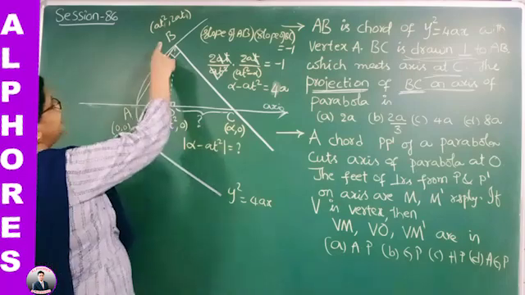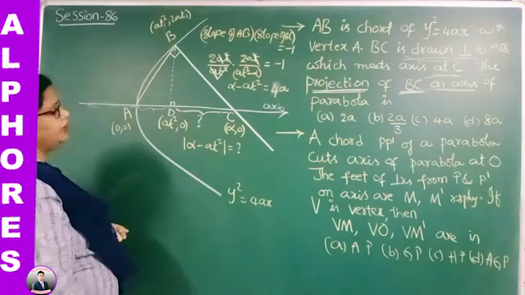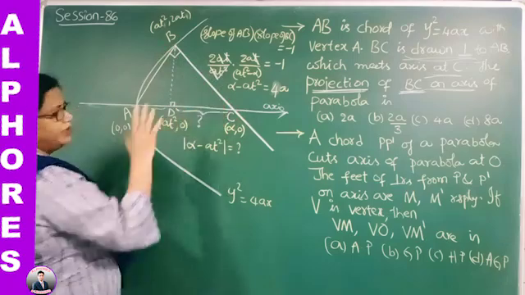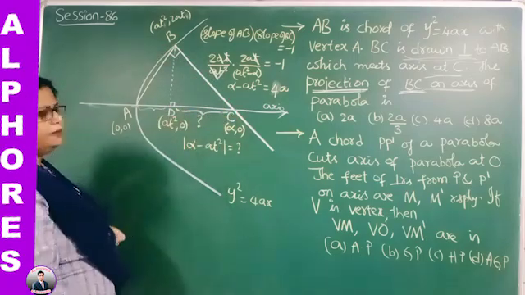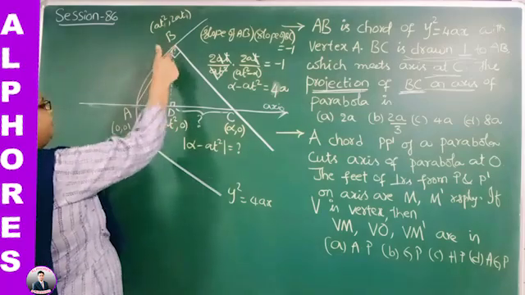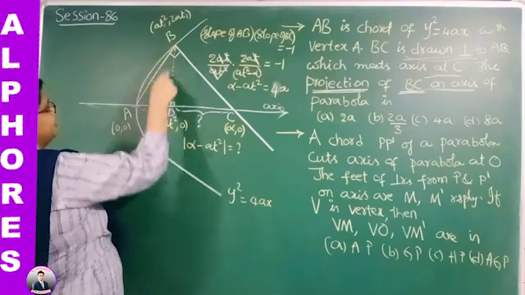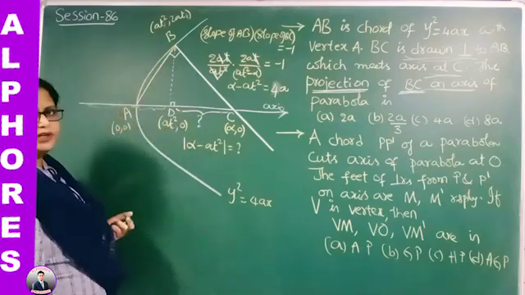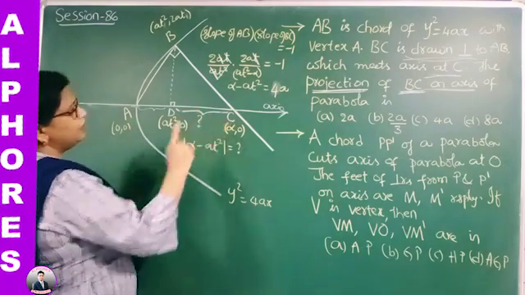The thing is, let B be any point on the parabola, parametric coordinates we have taken, and as the requirement is projection of this BC on x-axis, therefore we have taken DC as our requirement. And next, from B, if you take a perpendicular onto the axis, it is exactly at square, 0, because this is our vertex 0 comma 0. Okay, and next, this is a point they said on axis.